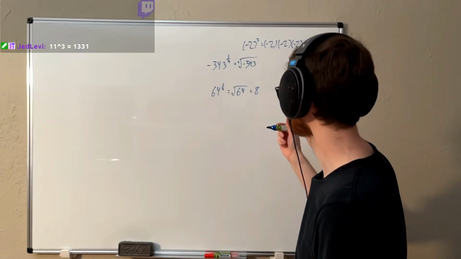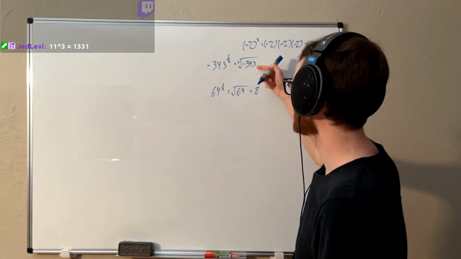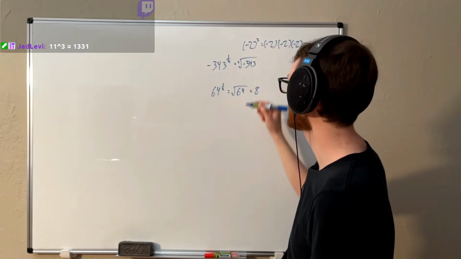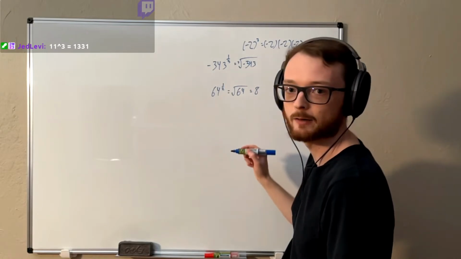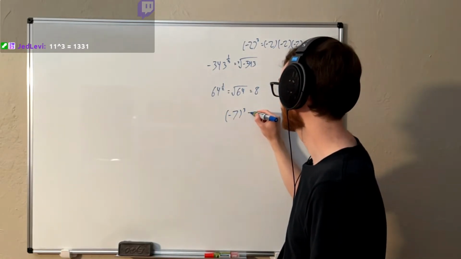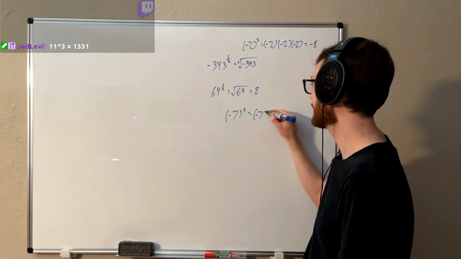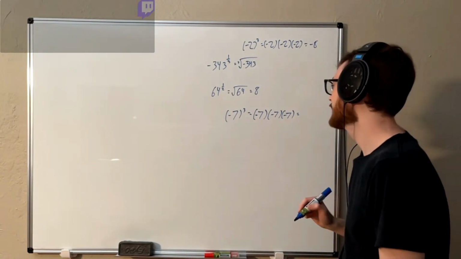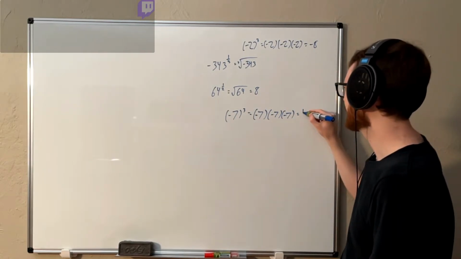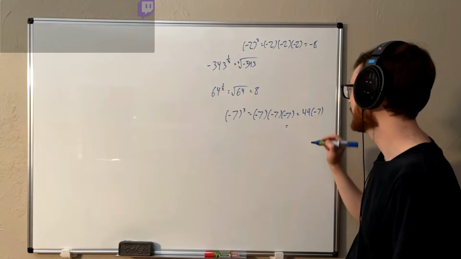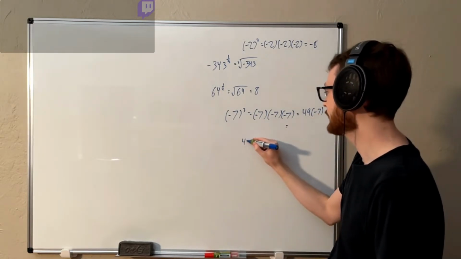But what we do is we take our guess and we try cubing it like I did up here with the 2 and see if we get the negative 343. So my guess is negative 7. So let's cube it to get negative 7 times negative 7 times negative 7. Negative 7 times negative 7 is positive 49. So times negative 7. I'll just do it by hand here.